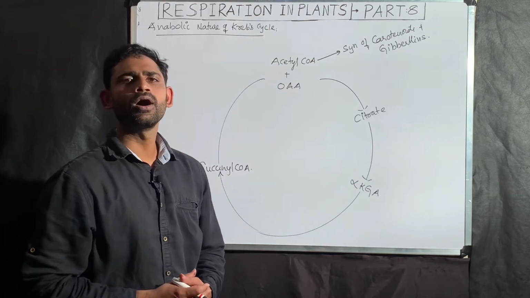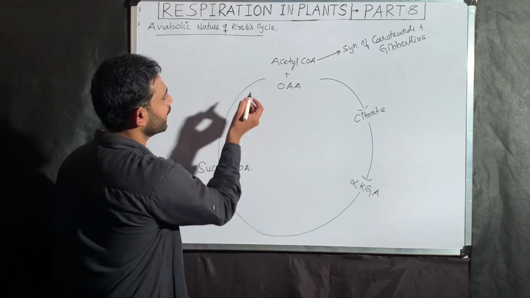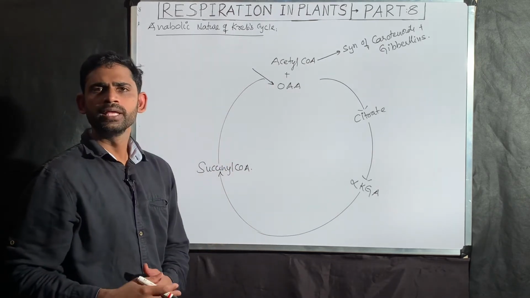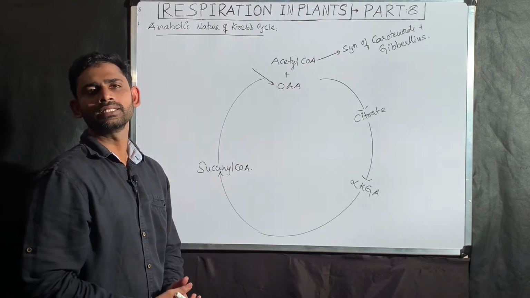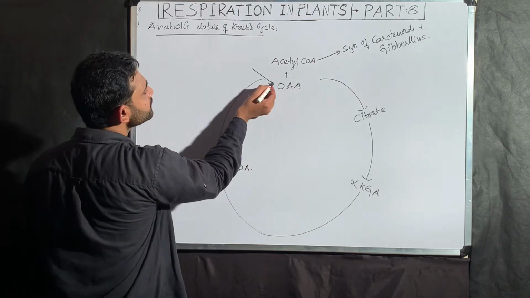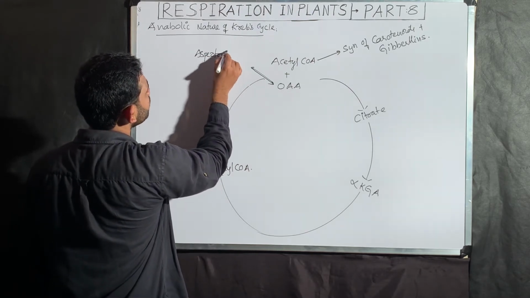Next you take the oxaloacetic acid. Simply, I showed the OAA. Oxaloacetic acid undergoes amino transfer, that is a transfer of an amino group, which is involved in the synthesis of aspartate. What is aspartate?